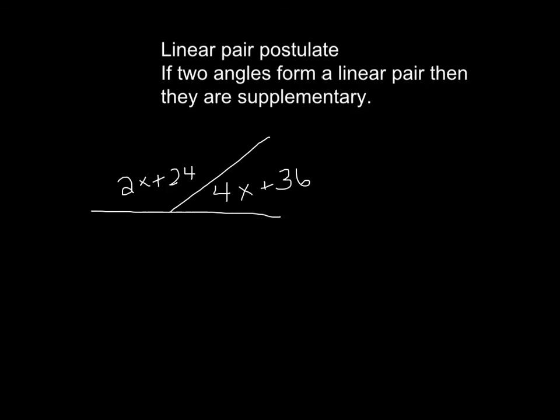Sometimes you'll get a problem about a linear pair, and maybe the problem tells you that you have 2 angles that are a linear pair. Then you know they're supplementary. If you remember from before, supplementary means that they add up to be 180 degrees. So if we add them together, we'll subtract 60.